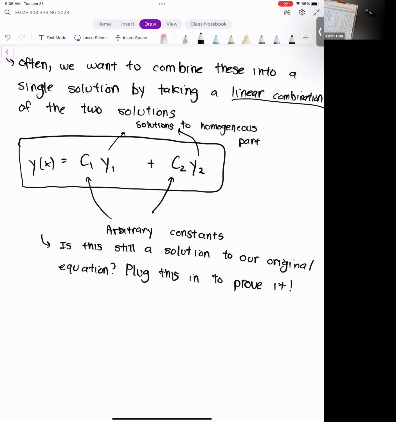And so when we solve a second order differential equation, we're going to get multiple solutions, and when we take their linear combination, that's how we get our final solution. Of course, there are some restrictions on this. y1 and y2 have to be of a certain form in order for this to work. This only works if y1 and y2 are linearly independent.